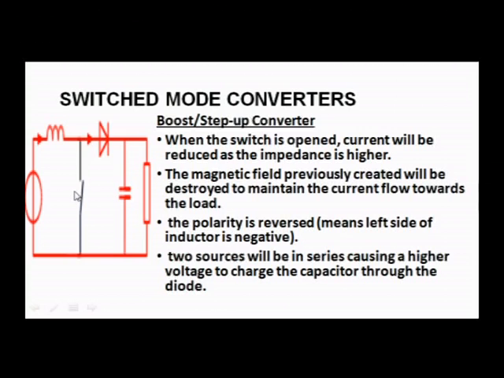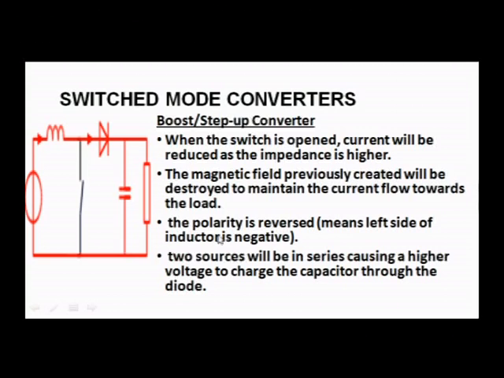And when the switch is on, after I have switched it on, I should switch it off. Okay? During that period, what happens now? Along with this input voltage, the voltage drop across the inductor is also going to work, and that is going to drive this output.